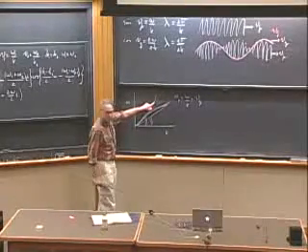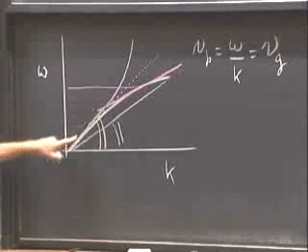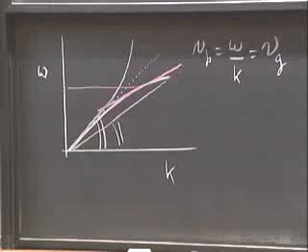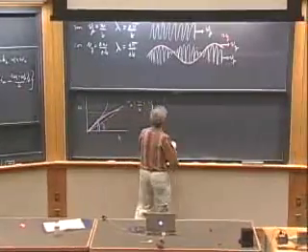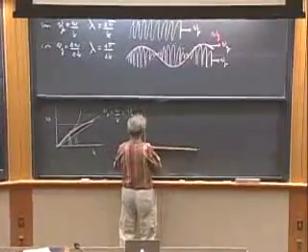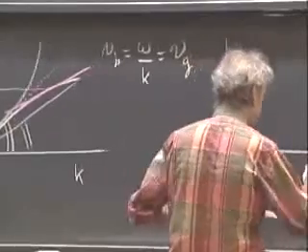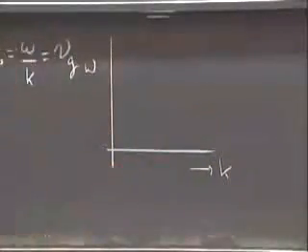Pick any point here, and you will see that the tangent has a higher slope than the line straight through here. So the group velocity at any point is larger than the phase velocity. It is even possible in physics, but it is a rare case, that you have this situation. And I will demonstrate it to you, but it's a computer simulation, so it's always easy to do that on a computer.